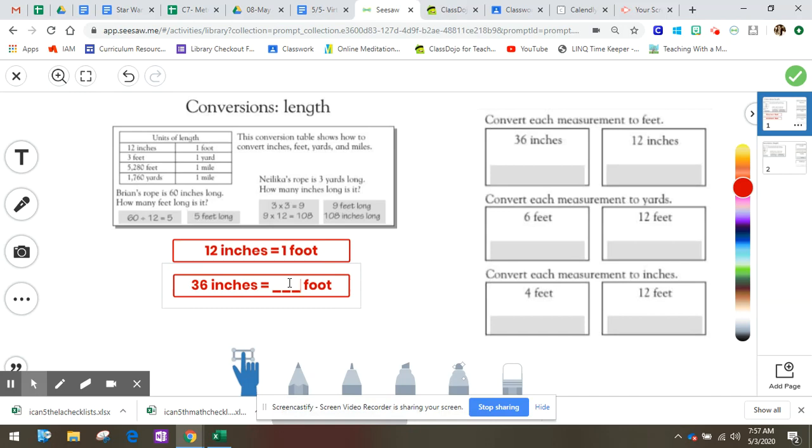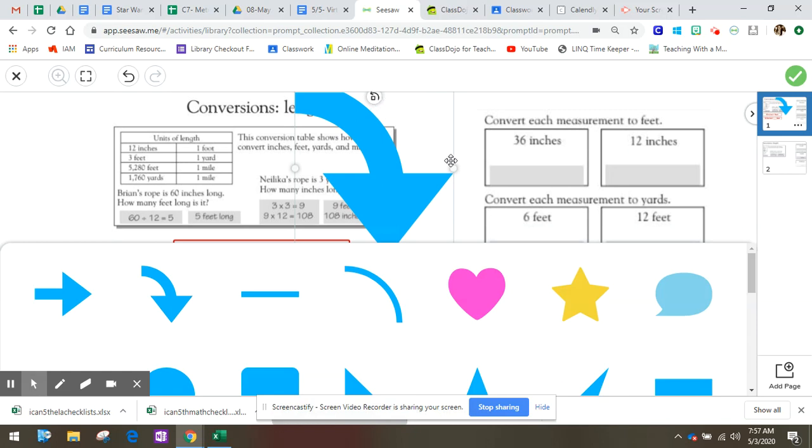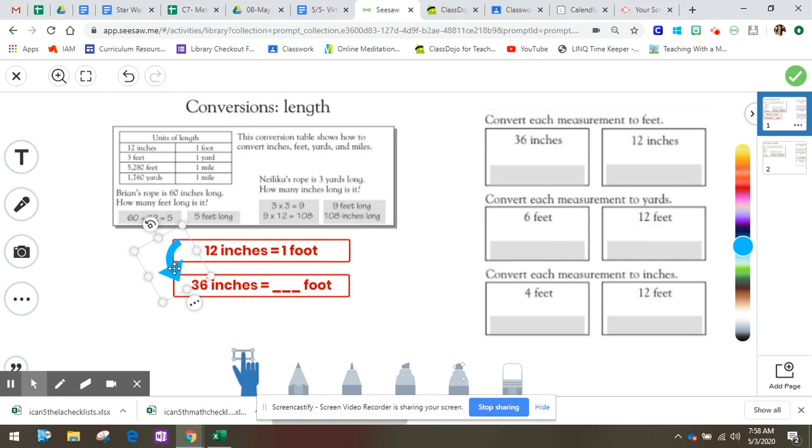So then I think, well, if 12 inches equals 1 foot, how many times would I need to have 12 to get 36? So to get from 12 to 36, I would need to times this side by 3.